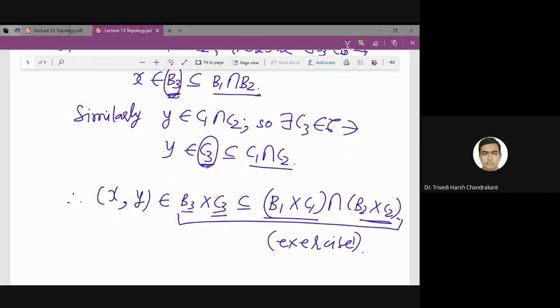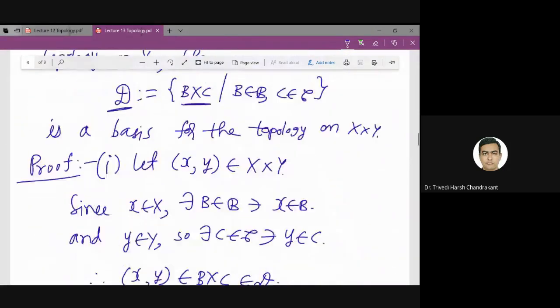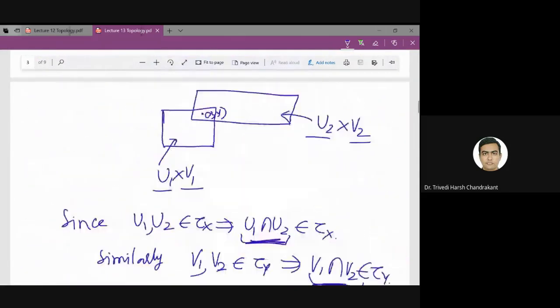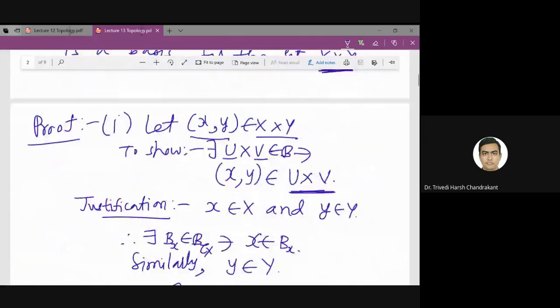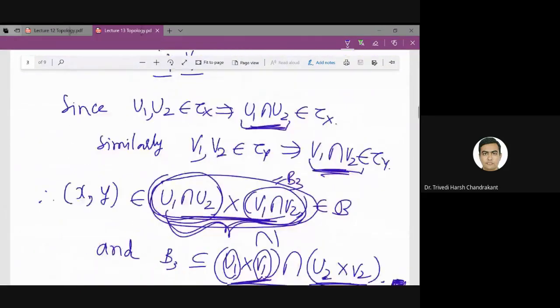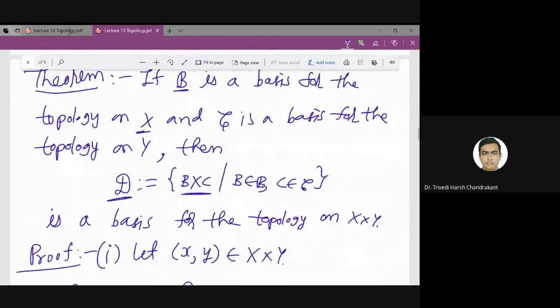So this is the basis now, and so now we have two bases on X cross Y. This is one basis on X cross Y, and now I have another basis on X cross Y. The earlier basis, we have seen that it generates a topology which, by definition, we are calling the product topology.